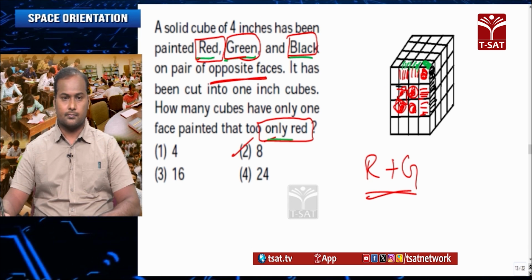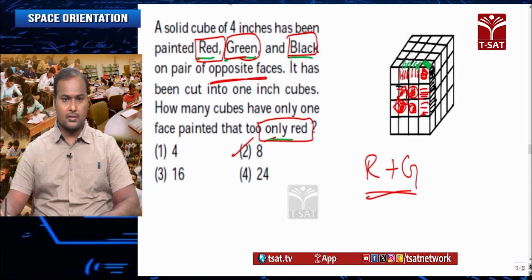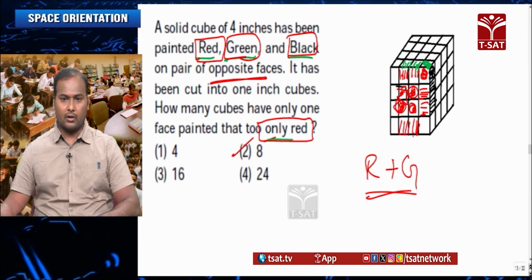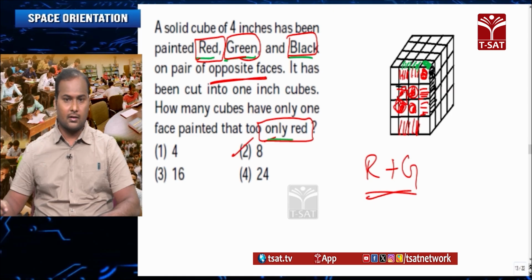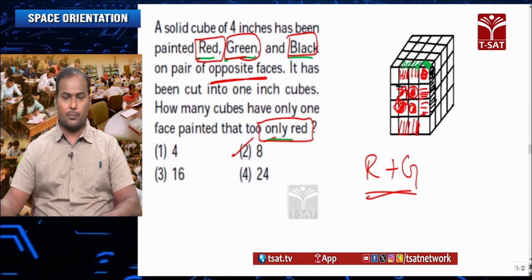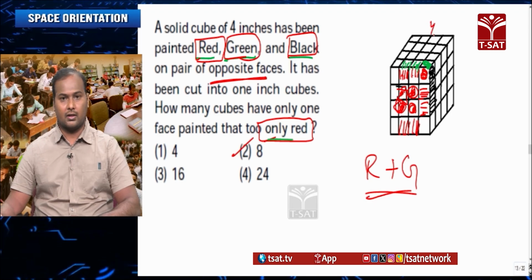Now you take the edge. One edge here on top you can see red and green, red and green. In the same way bottom also red and green. In bottom also here you have red and at the bottom you have green, because opposite faces are green here. So here 1, 2, 3, 4. In the same way it is also possible in the back. Here also 1, 2, 3, 4. Then also you will get the answer 8.